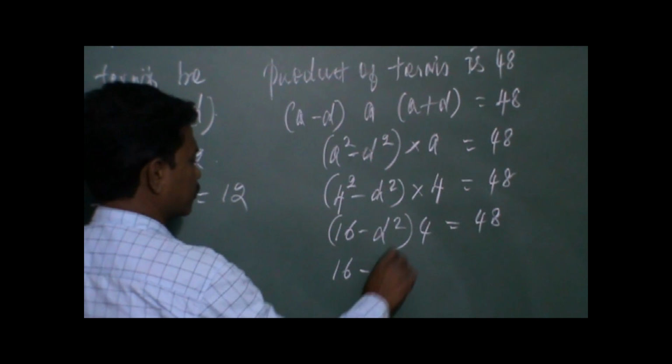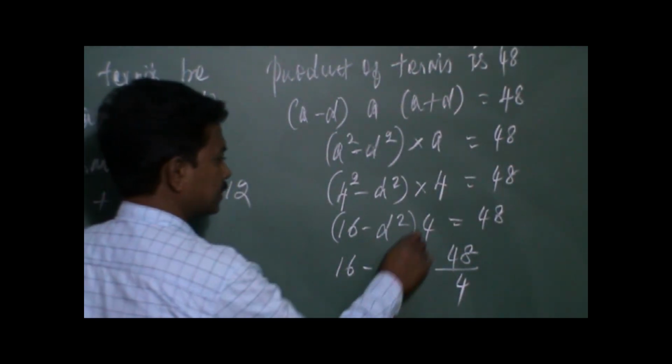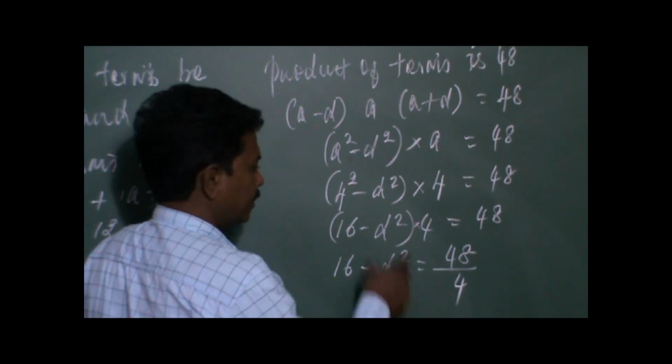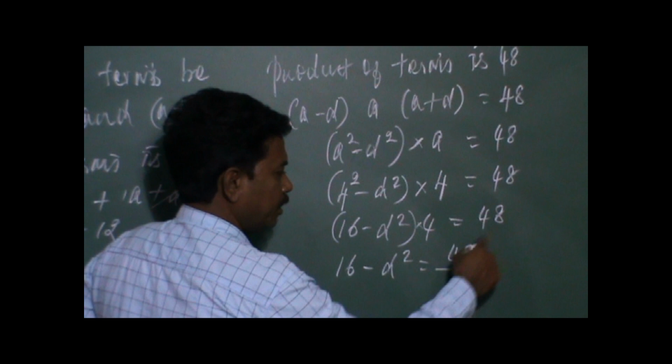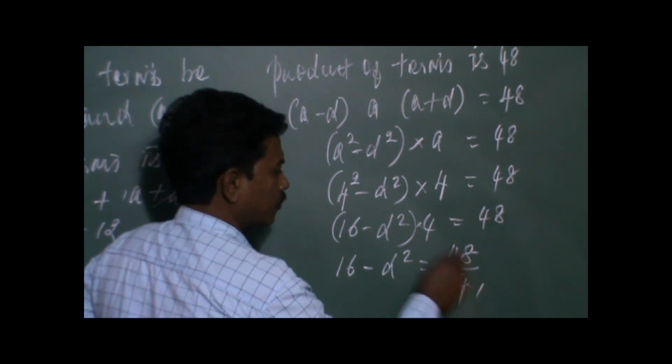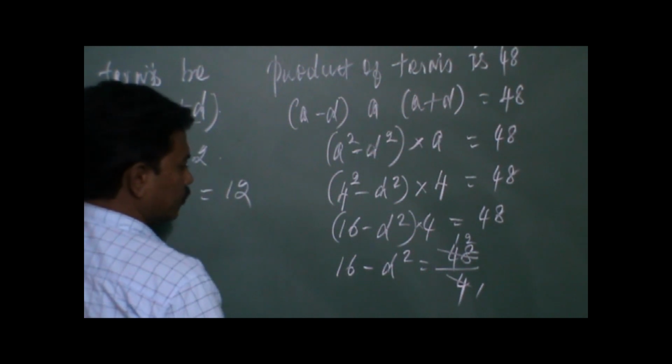16 minus d square, into 4, is equal to 48. So 16 minus d square is equal to 48 by 4. Because it has a multiplication sign, you can keep the binomial here and send this monomial below 48. So 4 ones are 4, 4 twos are 8, so it goes 12 times. 4 12 times is 48.